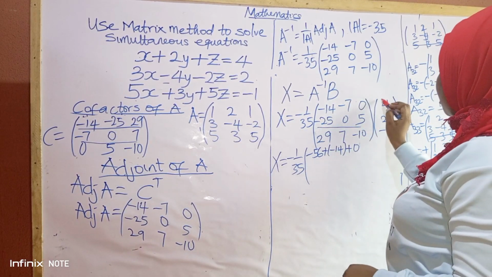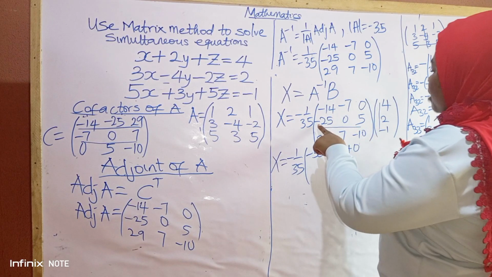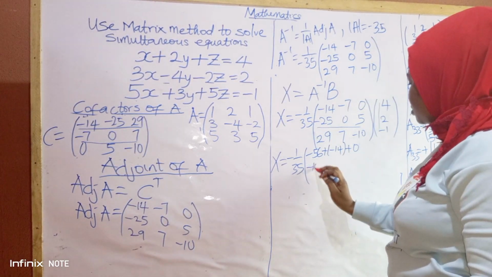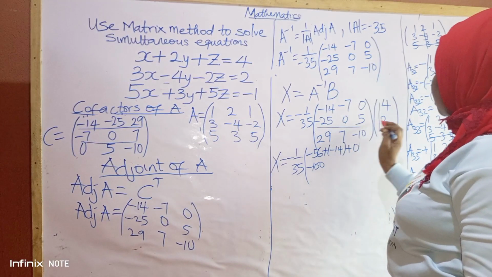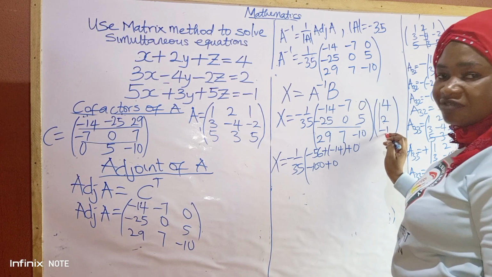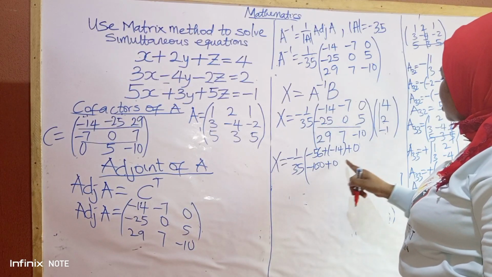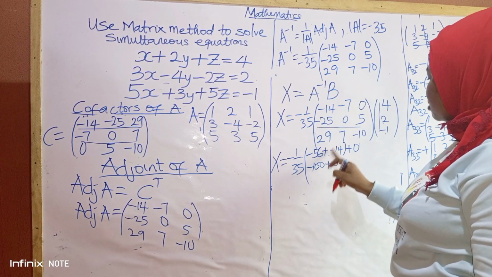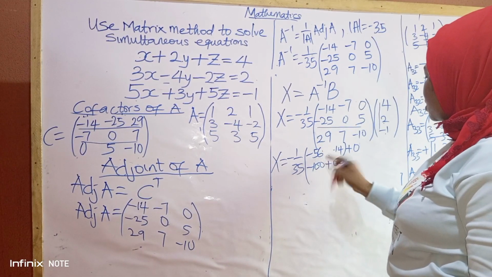So this one also you multiply like this. So I have minus 25 multiplied by 4, that is minus 100. 0 multiplied by 2, so plus 0. 5 multiplied by minus 1, that is minus 5. So let me write minus here directly also.